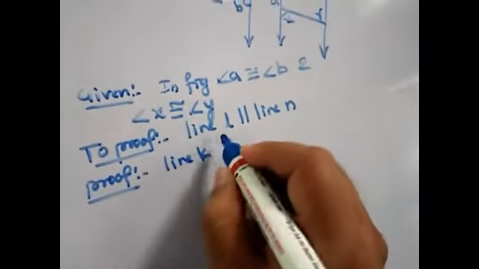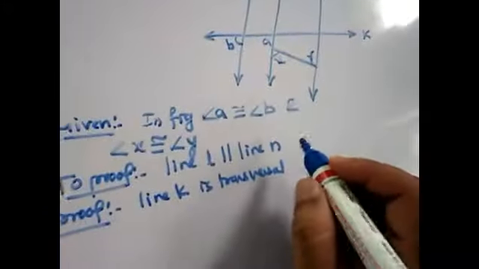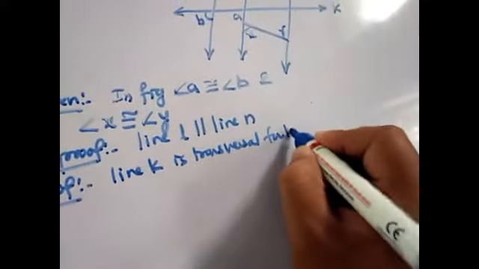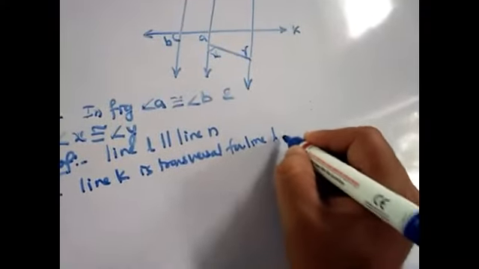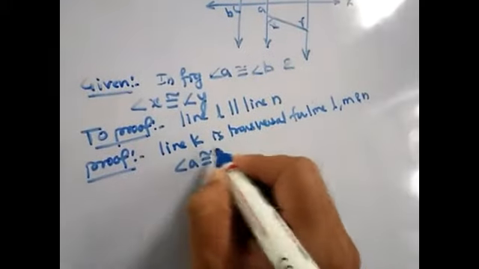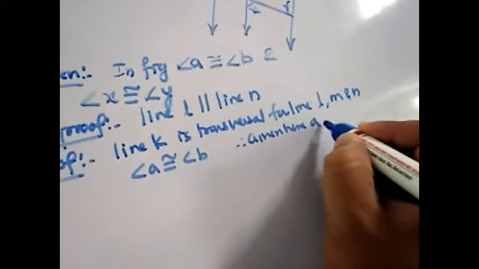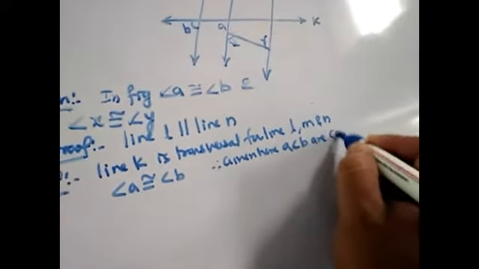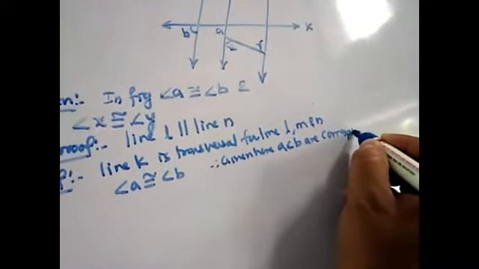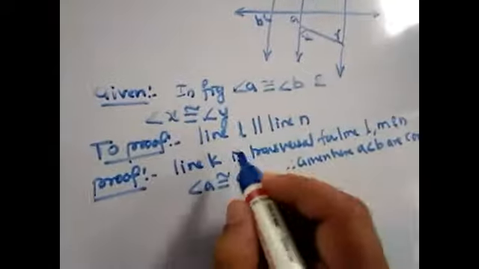Here write down line K is transversal. So this is a line K, that is a transversal for lines L, M and N. Angle A congruent to angle B. Here A and B are corresponding angles.